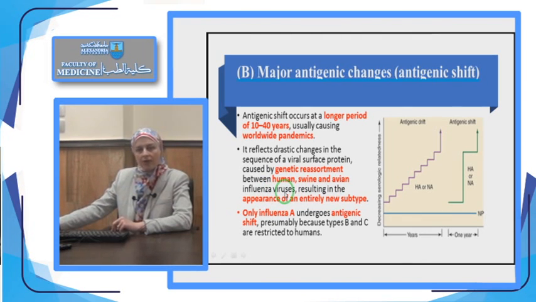When human, avian, and swine viruses, any two of these three, or maybe more sometimes, infect the cell at the same time, there will be evolution of an entirely new subtype. This only occurs with influenza A, which undergoes antigenic shift. Type B and type C are restricted to humans, so there is no chance that other viruses will be in the cell at the same time.